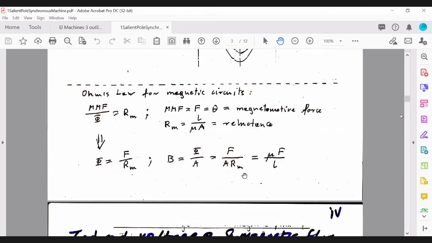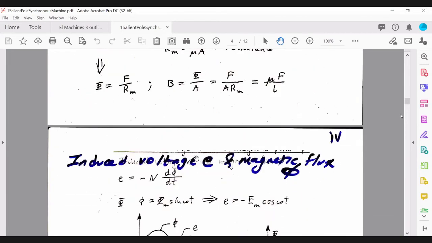This is just a revision of your basic magnetic equations: how your flux is related to the reluctance and the MMF, and how your reluctance relates to the length and the cross-sectional area of the magnetic circuit.